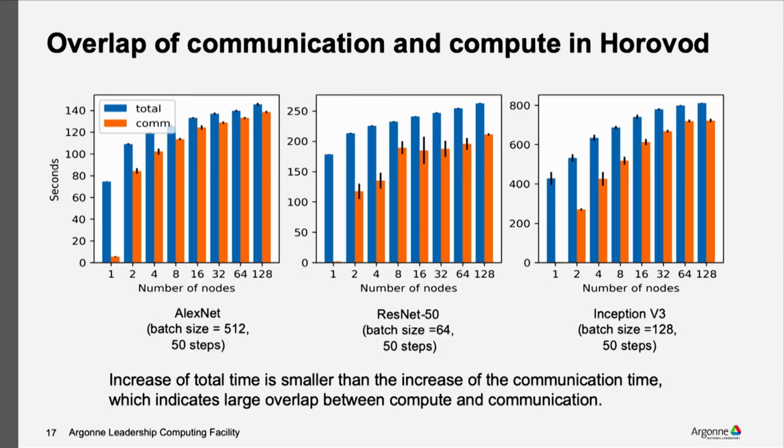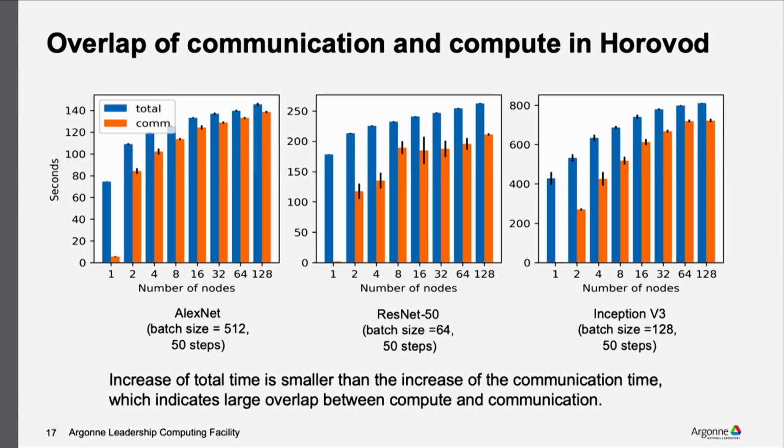And then here shows the total time versus the communication time, the communication overhead. The blue is the total time, and the orange is the communication time. You can see that as we increase the nodes, the communication grows. But we also see that, especially from 1 node to 2 nodes, the communication grows by 80 seconds, but the total time only grows by about 20 seconds.